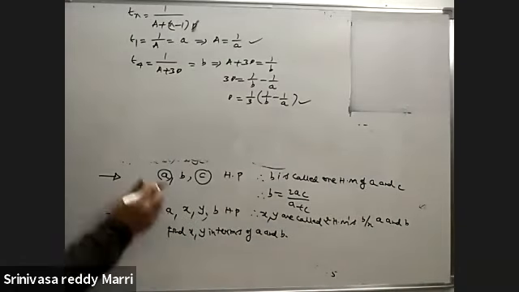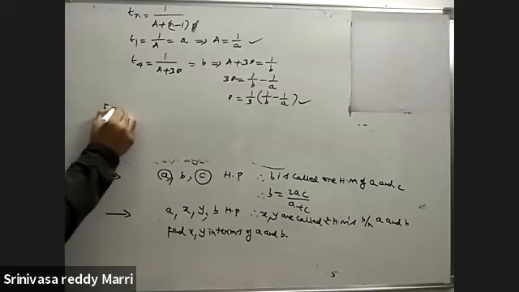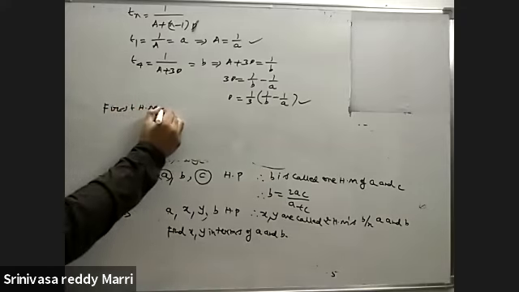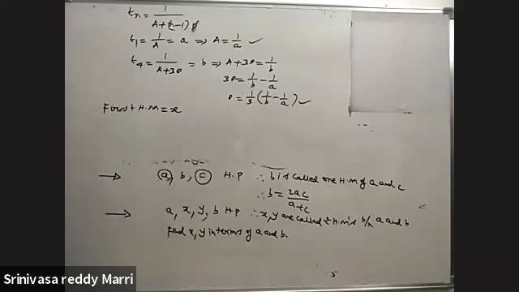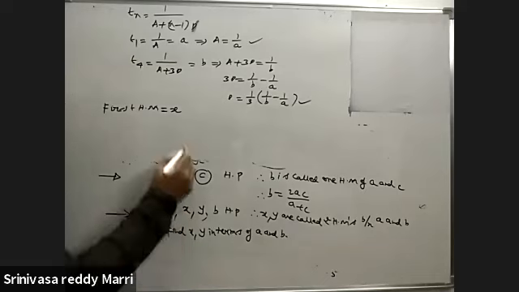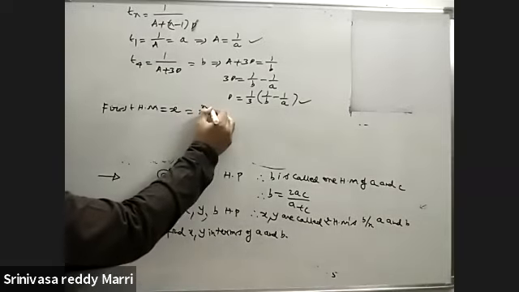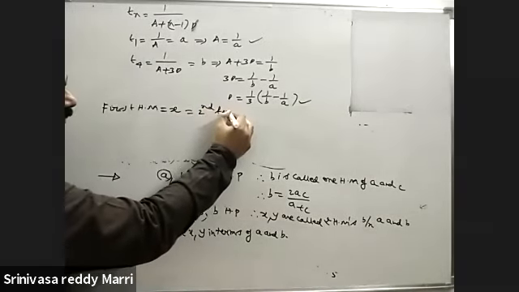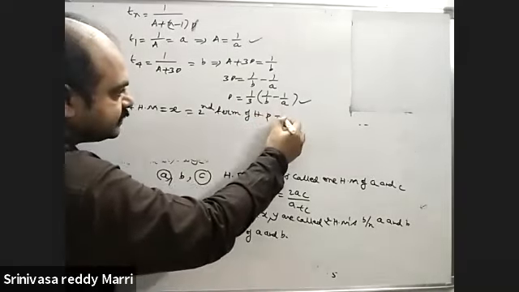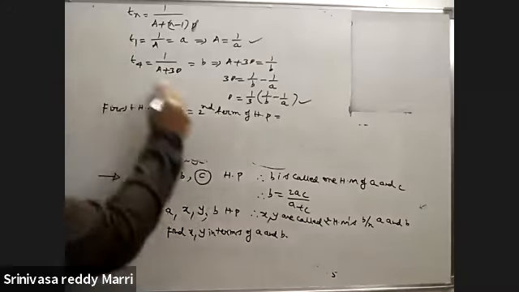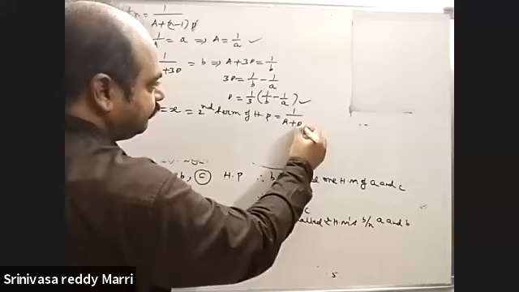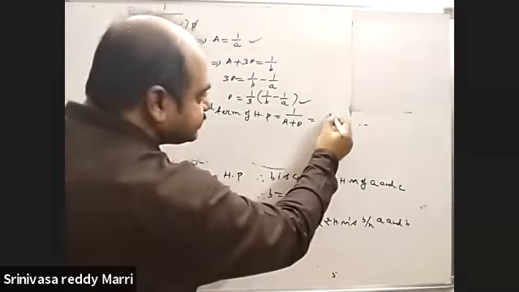Now look at the first harmonic mean, X. In the harmonic progression, this is the second term, so the first harmonic mean means T2, which is 1 by (A plus D).